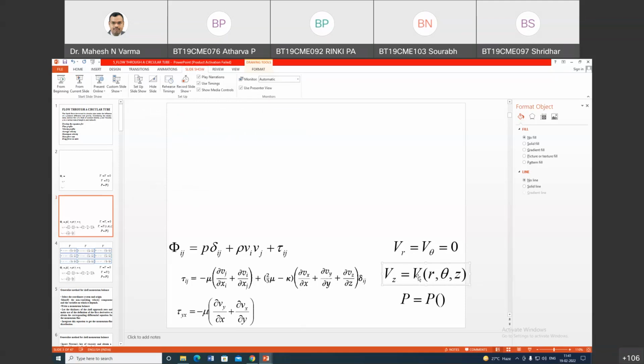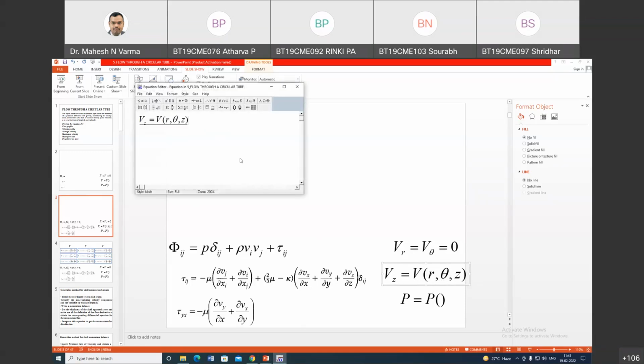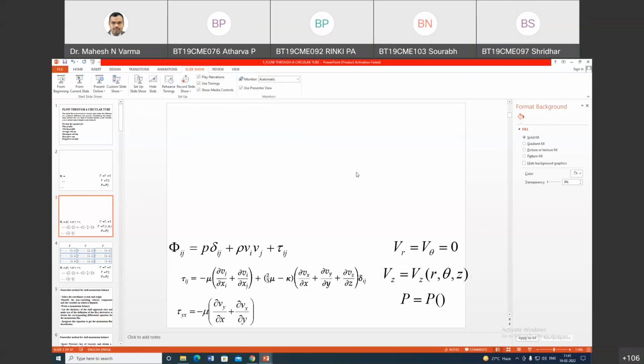Whether Vz is a function of z. Sir, it should not be. Give me a reason. Sir, in the z direction it only depends on the gravitational force, so the velocity will be the same and will not depend on different points along the whole length.